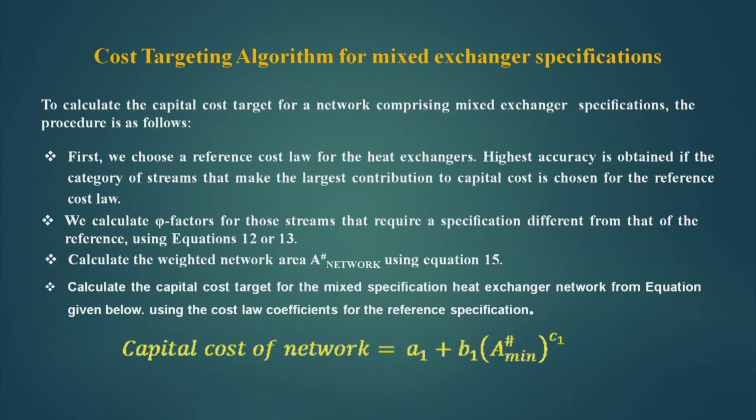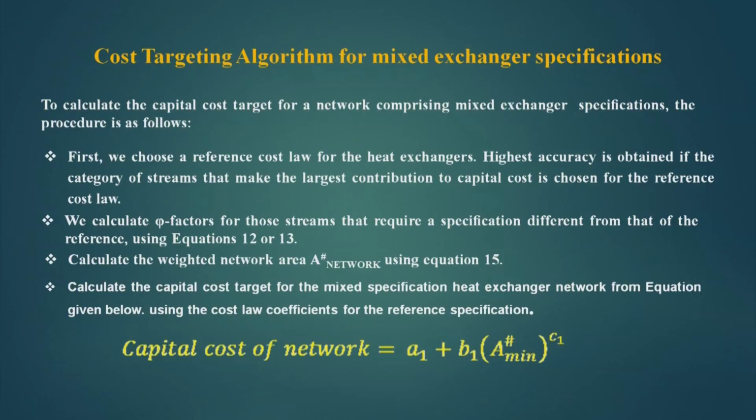So, this area is expected to be more than the actual minimum amount of network area computed using the area targeting method. Finally, calculate the capital cost target for the mixed specification heat exchanger network from the equation given below.